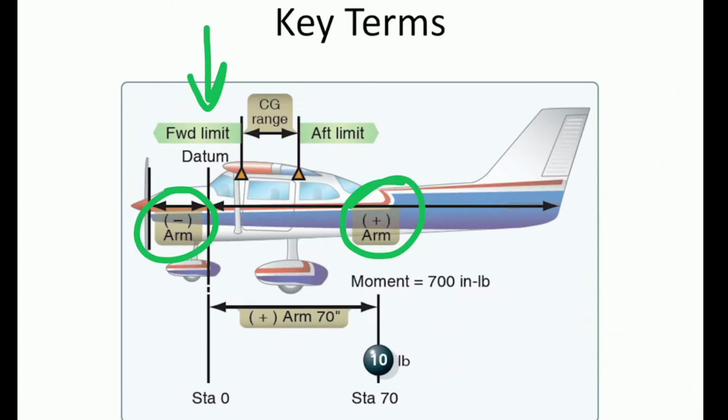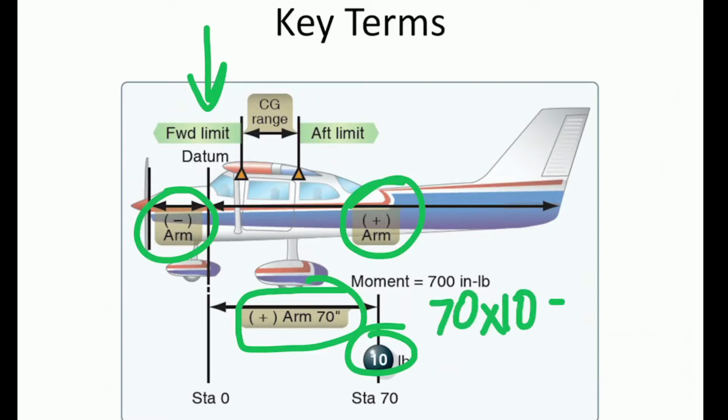So for example, this 10-pound weight, if it's 70 inches from the datum and it weighs 10 pounds, that'll be 70 times 10 equals 700 inch-pounds. And that's the moment of that weight.